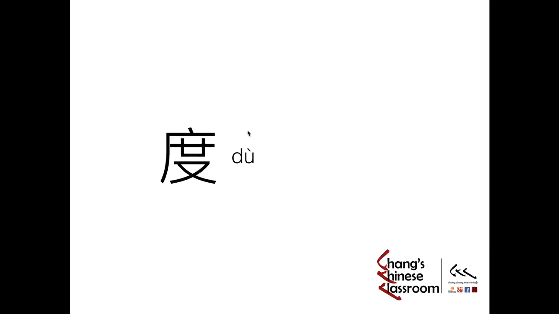Our last one, with me, 度. The ancient version is quite similar. The lower part is the radical for hand. This is 又 again, but in ancient times, as you can see from here, that normally refers to a hand.